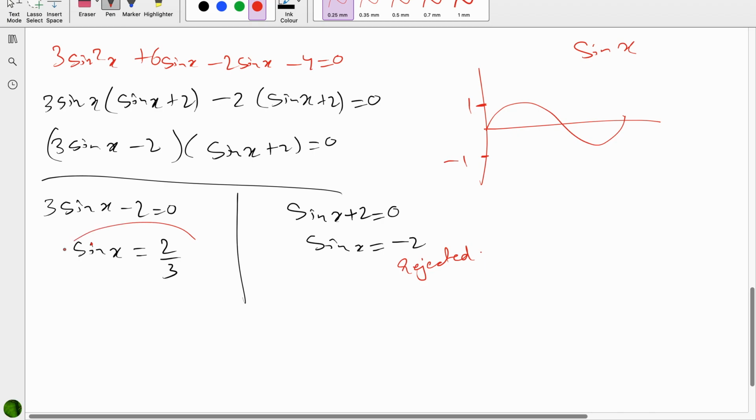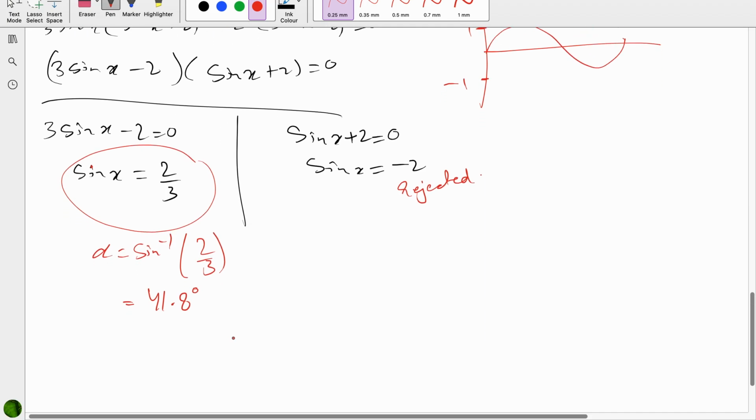So we only solve for this. So basic angle is sine inverse 2 by 3. Please may I have this value? 41.81, so 41.8 up to 1 decimal place.